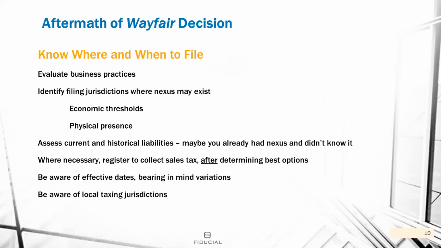So as you make this assessment, you need to keep in mind not only your current liabilities, but maybe your historical liabilities as well, because maybe you had nexus in a state and you weren't aware of it. Maybe you've been in a state for a while and you just didn't know that you were subject to the rules.